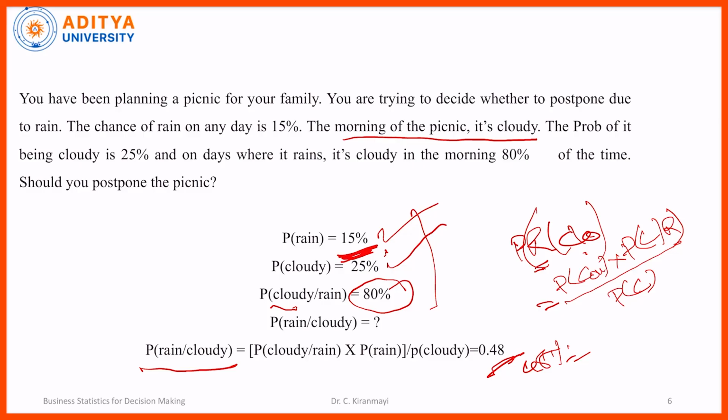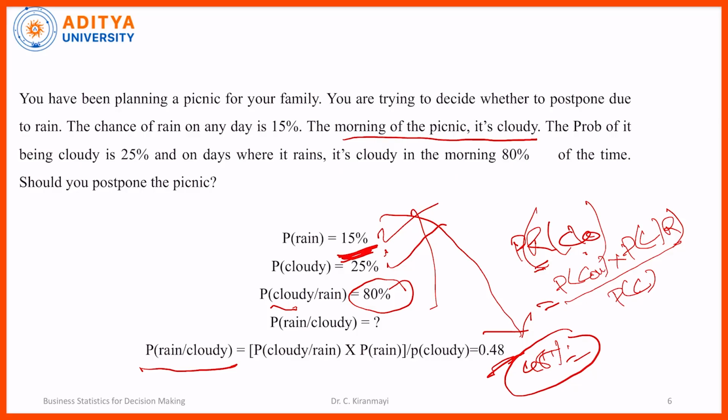So this is how, by adding new evidence to the hypothesis on existing data, we can calculate the revised probability. Initially, there is only a 15% chance that the day will be a rainy day. But after adding the new evidence that the day is a cloudy day, the revised probability has changed from 15% to 48%.